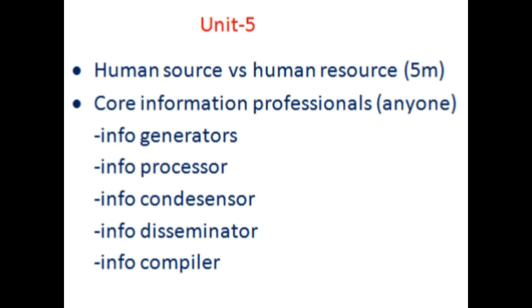These 5 are important, and rarely the information preservers are also asked. So be prepared on one of these professionals. Sometimes, rarely, the technological gatekeepers, that is one more concept, is also asked. Be prepared.